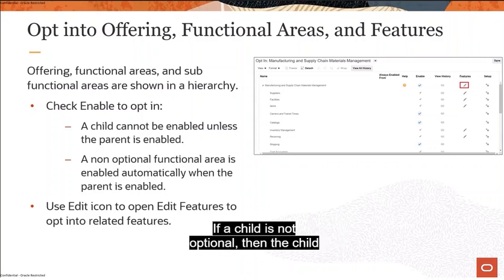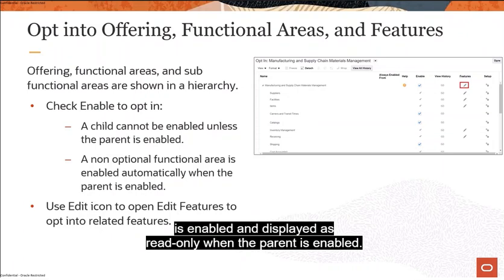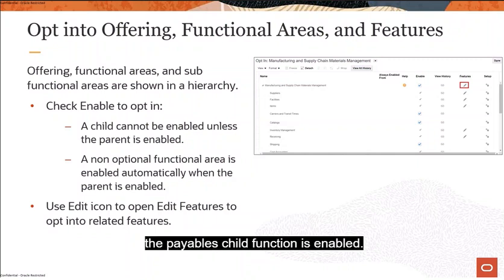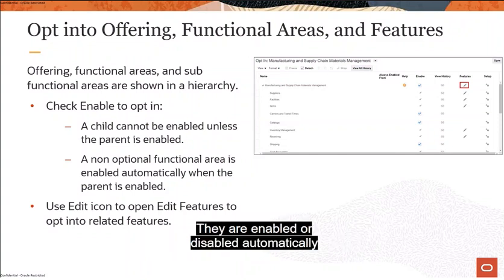If a child is not optional, then the child is enabled and displayed as read-only when the parent is enabled. For example, when the supplier invoice processing parent is opted into, the payables child function is enabled. Child functional areas are not optional. They are enabled or disabled automatically when you choose the parent.